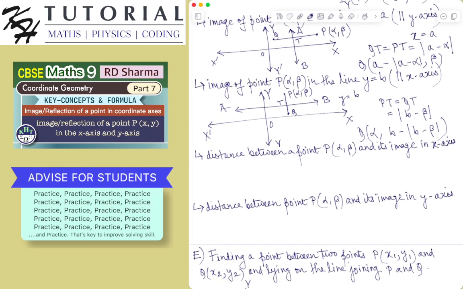So we know that the image of the point P, whose coordinates are given as alpha comma beta, in the x-axis will be alpha comma minus beta.